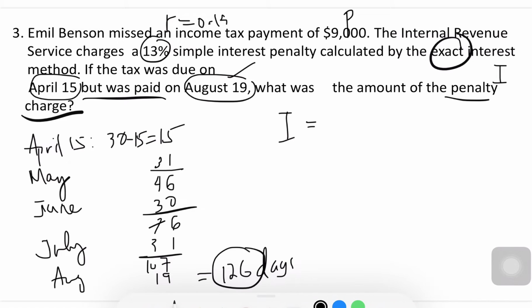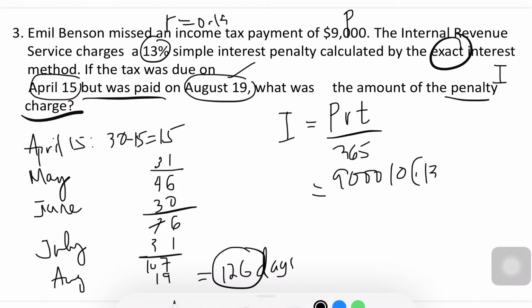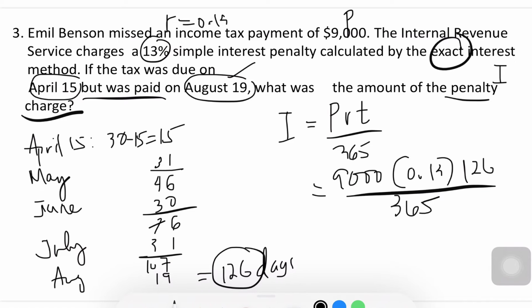Okay, so 126 days. Our question is to find the I. So I is equal to PRT, exact, so over 365. Our P is 9,000. Our rate is 0.13. And our time is 126 days, divided by 365.